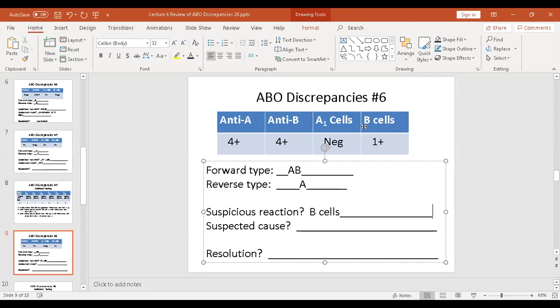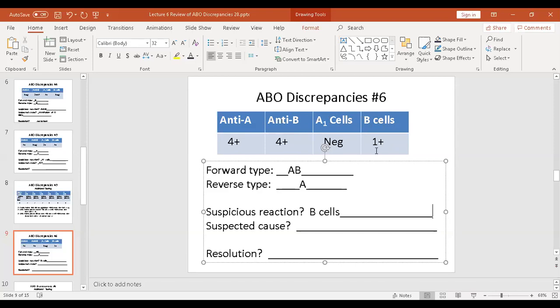This is an interesting one, and so I have another slide where we're going to look at how to resolve this. But basically, and I think I mentioned this to you guys before, when we purchase these A1 and B cells from a reagent company, yes, the A1 red cells have A1 antigen. Yes, the B cells have B antigen. However, they come from donors, and so they have other antigens of other systems we're going to learn about later on them as well.